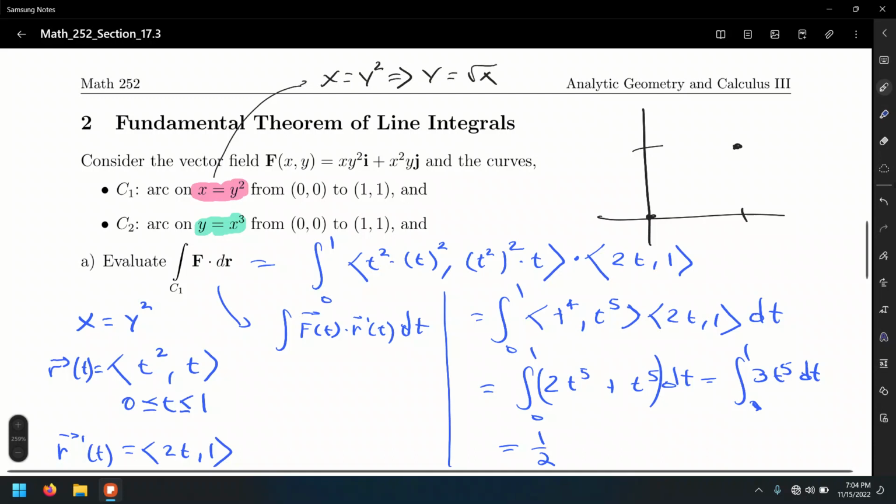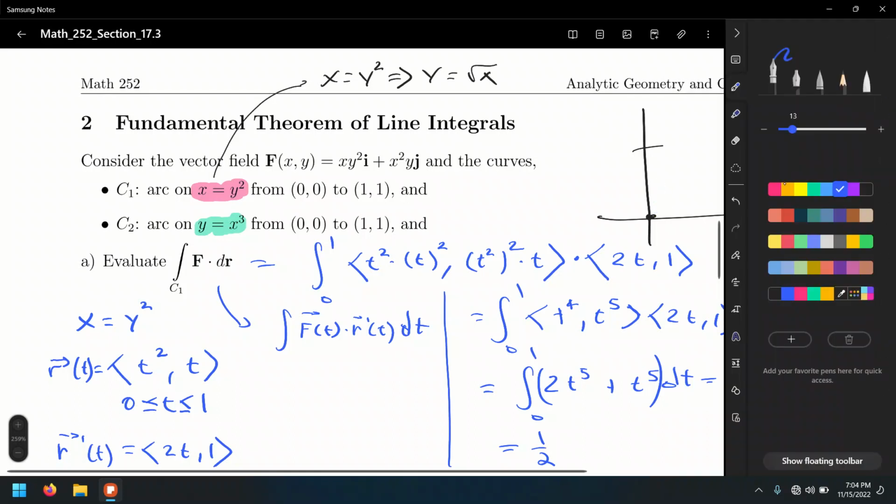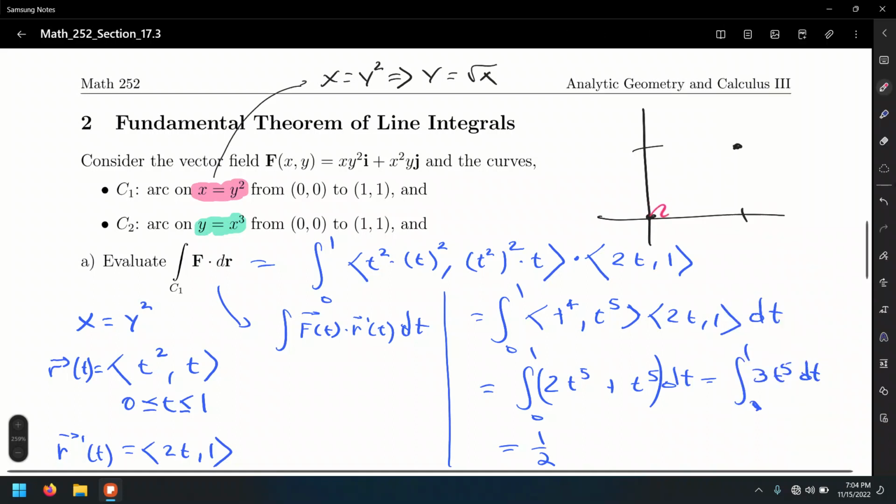Technically plus or minus, but because we're going through the points 0, 0 and 1, 1, I'm just going to take the positive counterpart. Let me call this C1, which is x equals y squared.